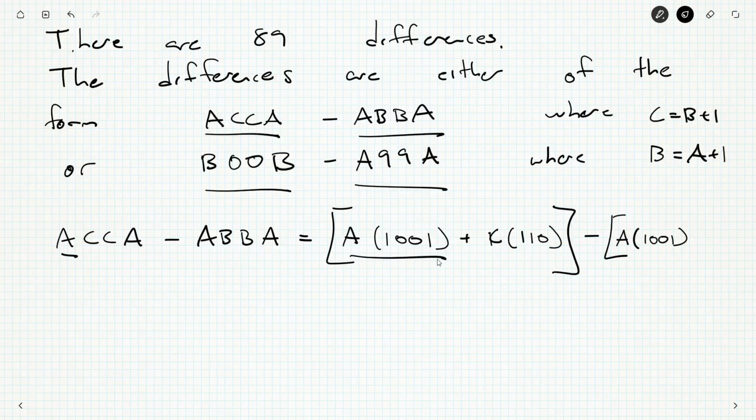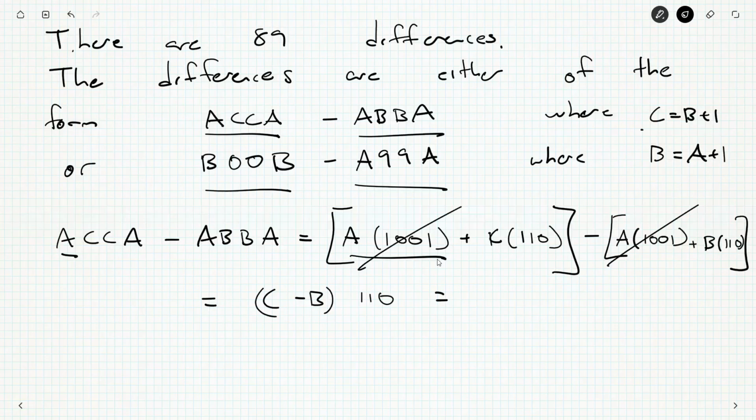I'm writing them as an actual expression I can calculate with. These guys cancel out, and we're left with C minus B times 110, but of course C minus B is 1, so this is 110.